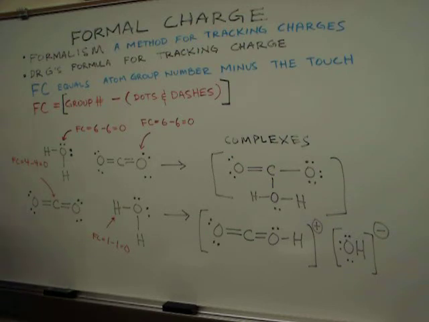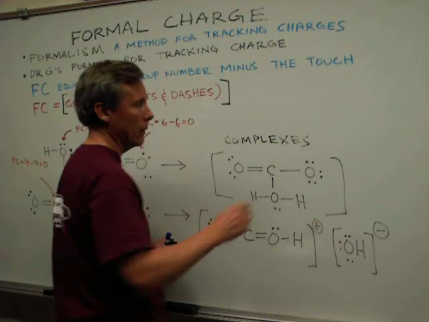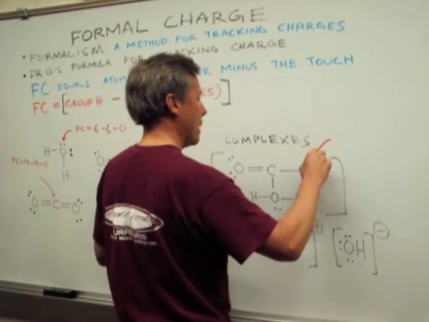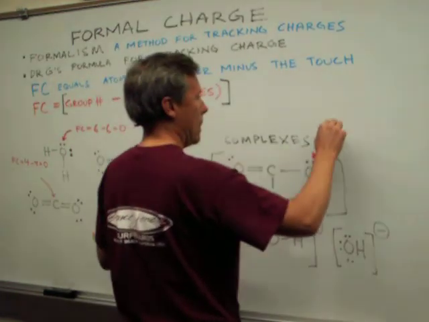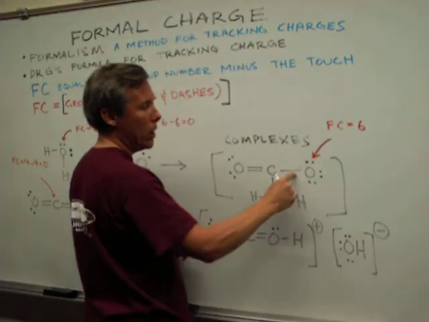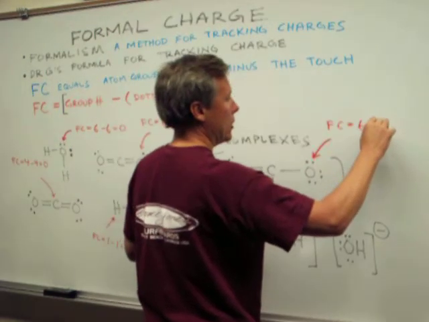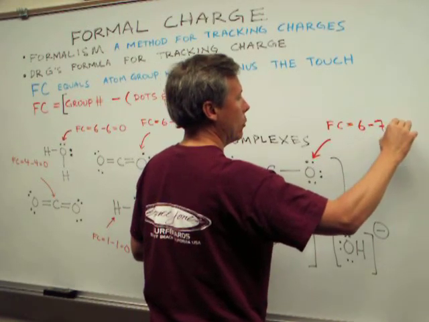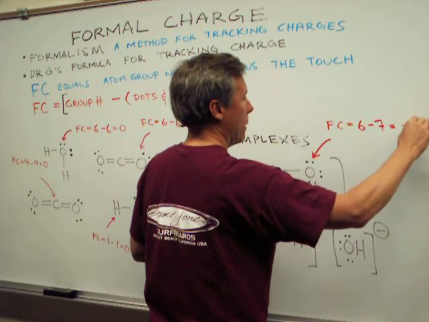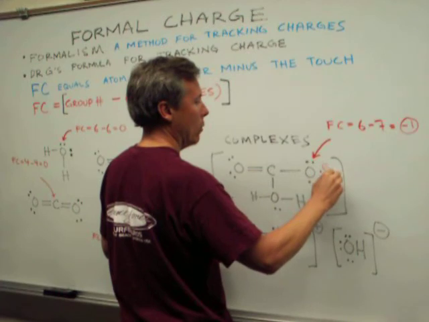Let's see what the formal charges are on the atoms in our complexes that we've drawn. Let's begin with this oxygen. This oxygen is in group 6, and there are 1, 2, 3, 4, 5, 6, 7 touches. 6 minus 7 is equal to -1. Thus, the formal charge in this oxygen is a -1.